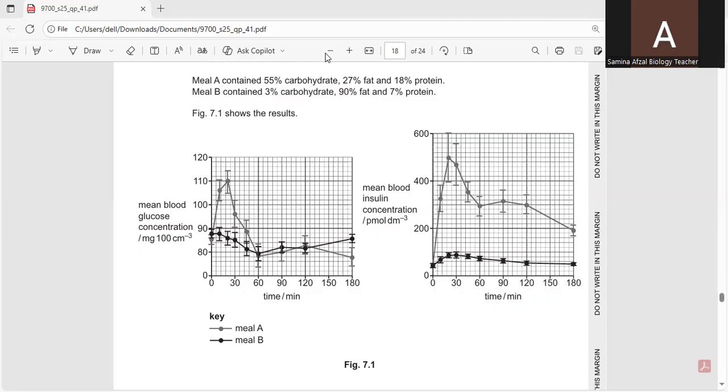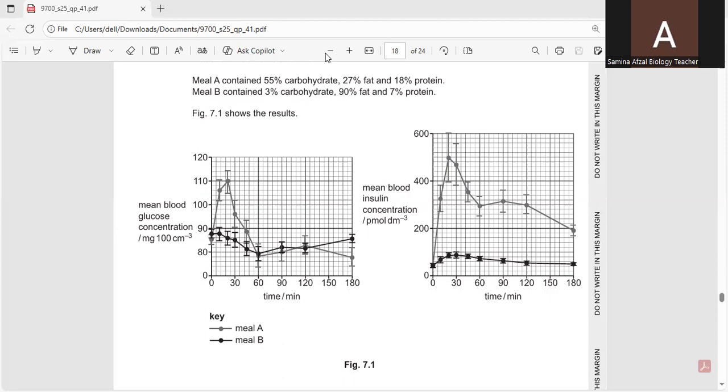As I already told you, it was 88. It reached 100 and then more than 110 milligrams per 100 cubic centimeters. So this increases the deviation from the normal set point, which was about 88 in this case.